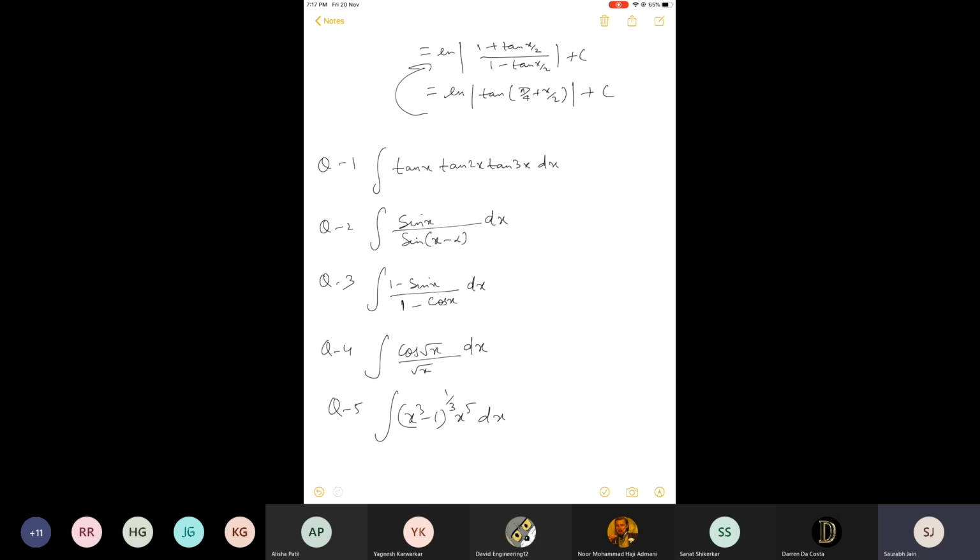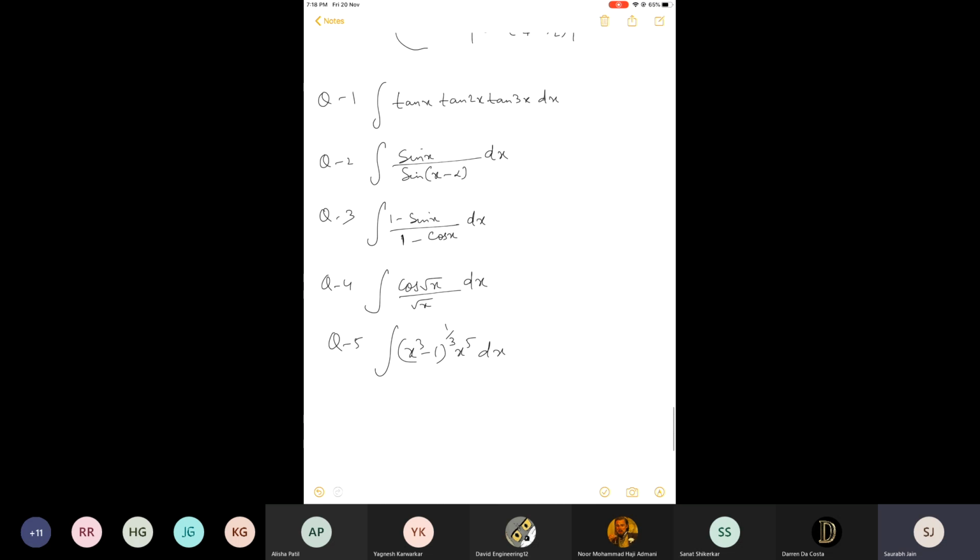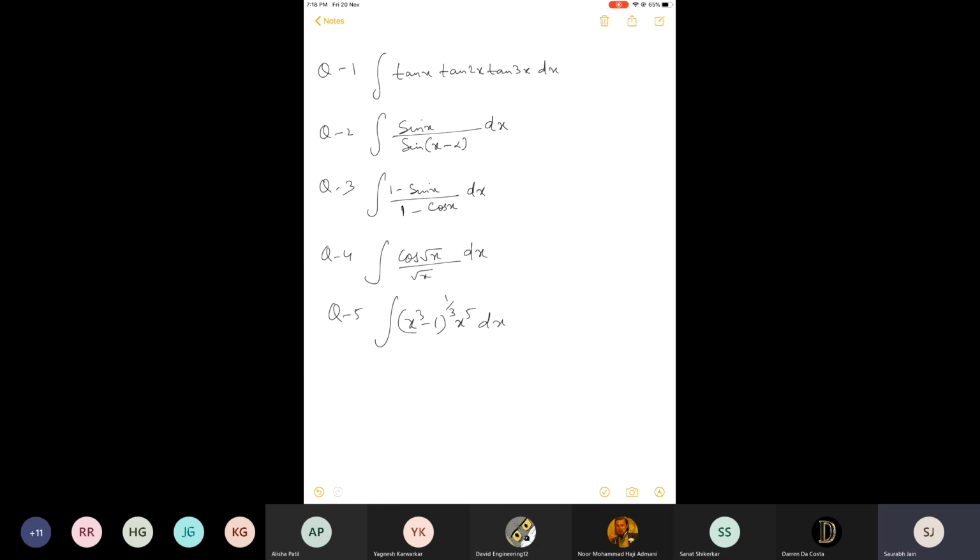Anyone having any idea about the first question? You can't split it, okay? You can't change it into 3 integrands. But with the help of trigonometry, you can change it into some integrable form.